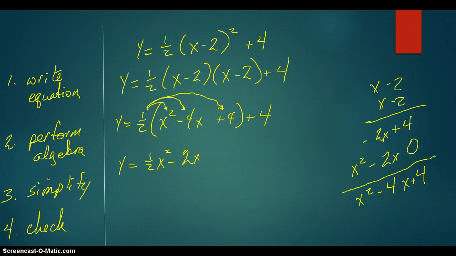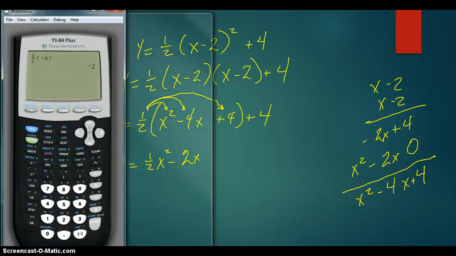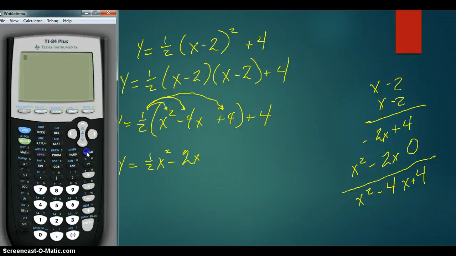And then I want to do 1/2 times a positive 4. And I'm going to go ahead and go through those steps again. Let's clear that so that you can see it. And it's second alpha y equals, and see the N/D, numerator and denominator, enter.